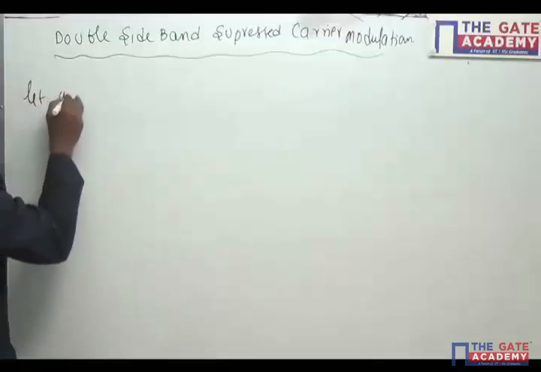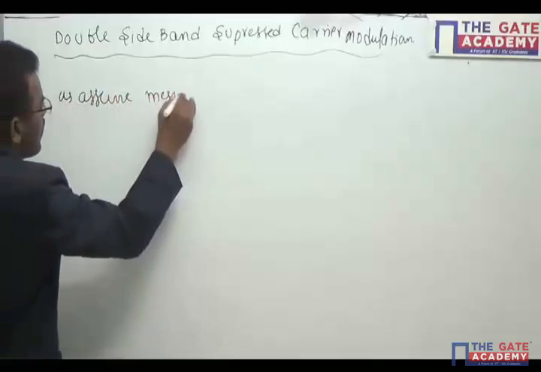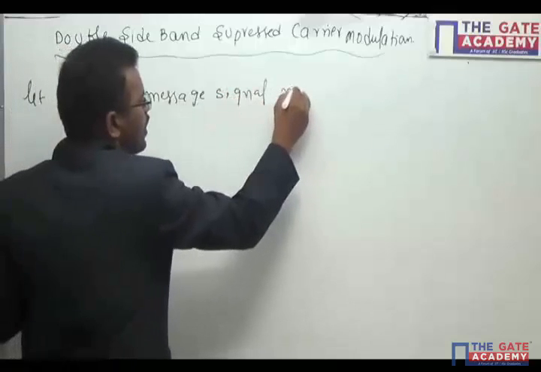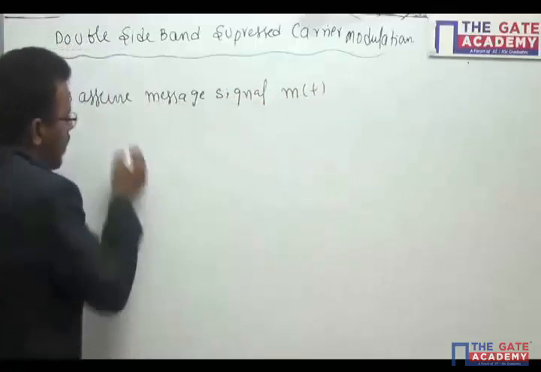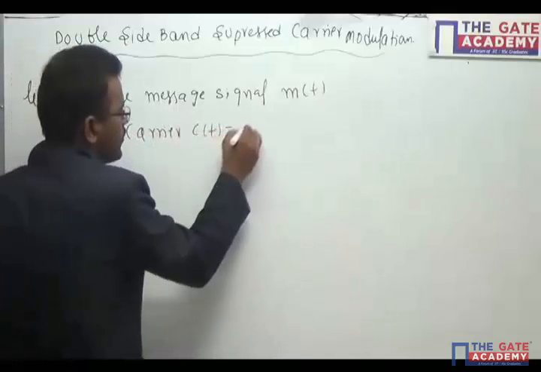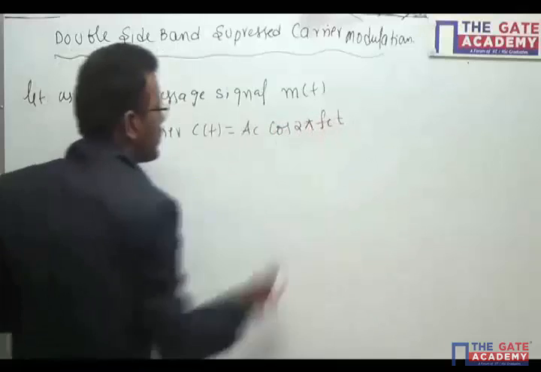Let us assume message signal m(t), and the carrier is c(t) = Ac cos 2πfct.